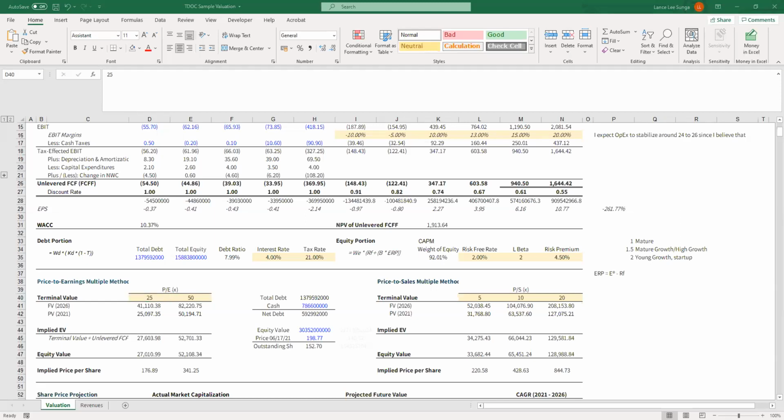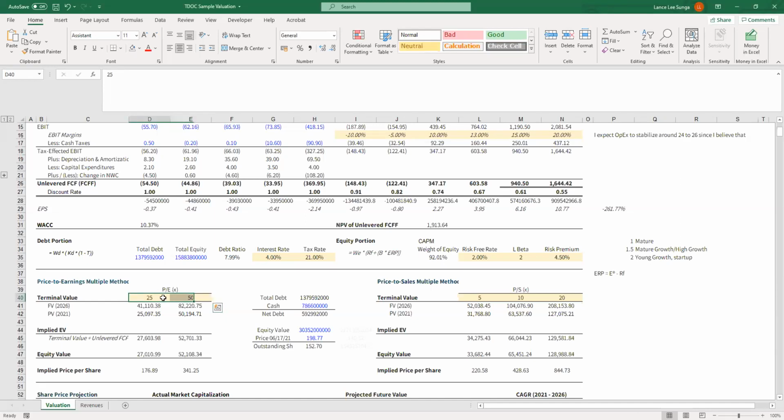The reason why we have 25 to 50 is because Teladoc's still growing, and within the forecast period we see it continuing to grow. That's why the multiple is high. There's a premium in the multiple.